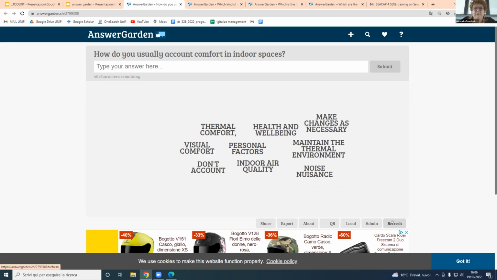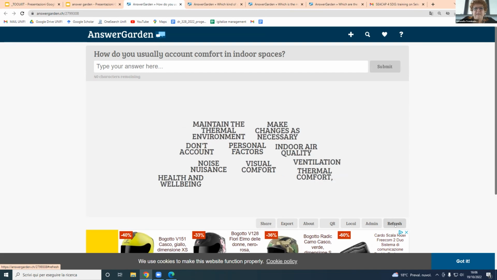I like this answer because it's very real. Because for instance, in Italy, for many buildings, we have no data about the indoor comfort. We need to measure this.